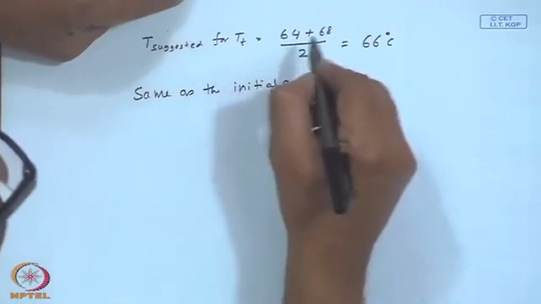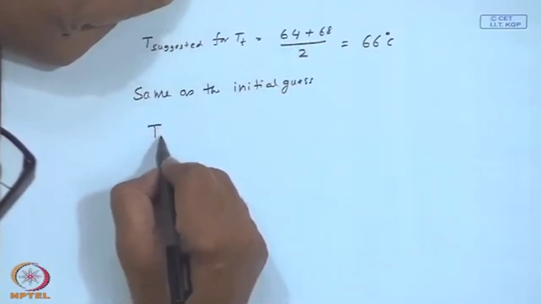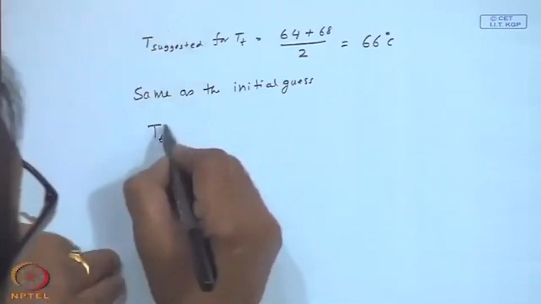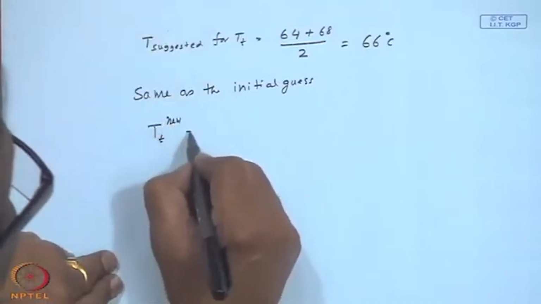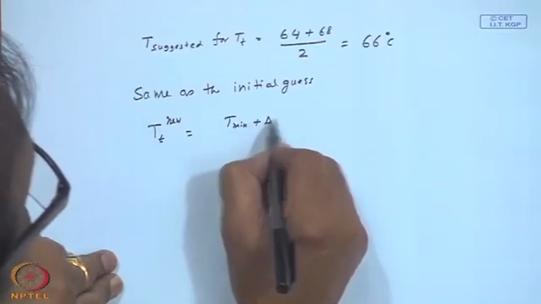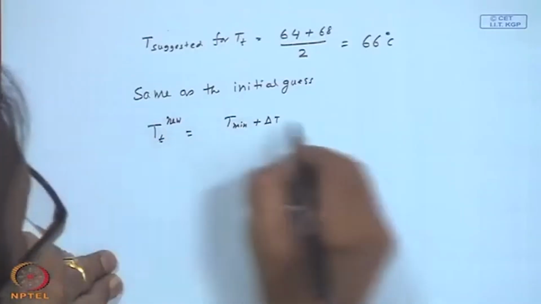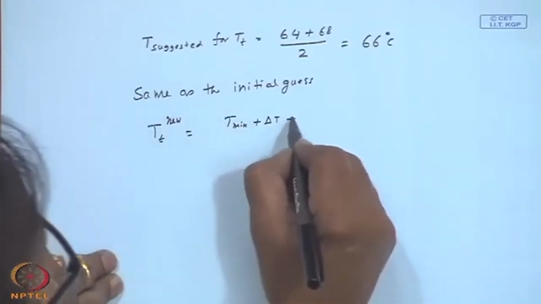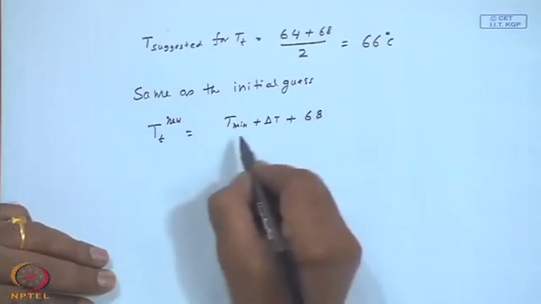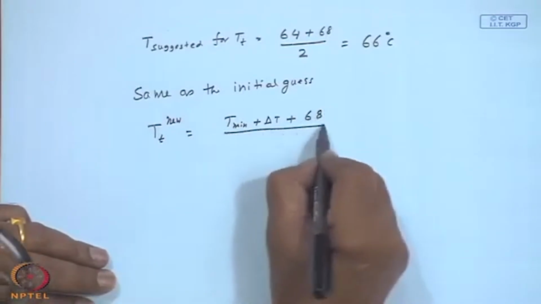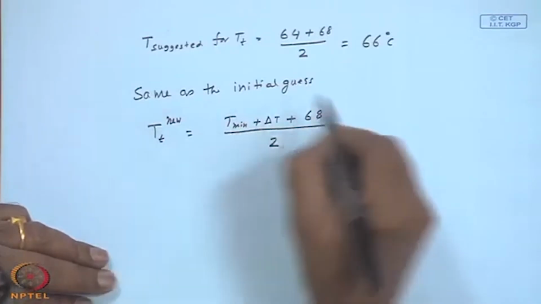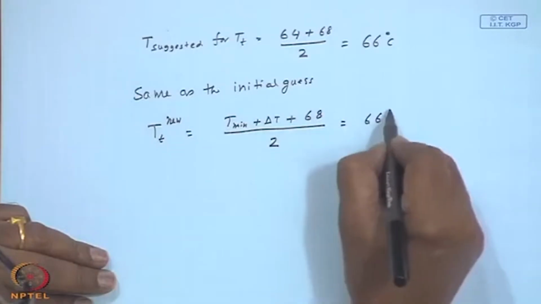So, let me once again clarify this. T after this calculation is actually your T min plus delta T, which we included because of the heat exchanger, plus 68, which is the T I bar based upon the average utilizability, by 2, which is 66 degrees.